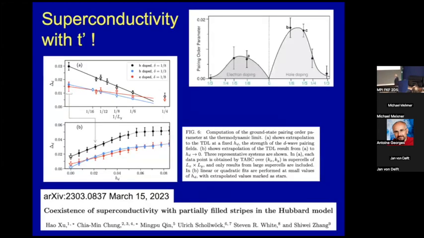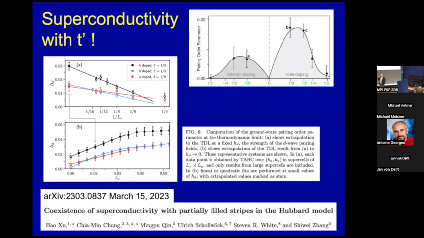And the big news in this business dates from just a few months ago, in which in this paper in particular, it was demonstrated that when you turn on T prime, the competition between the stripe ordering and the superconductivity becomes favorable to superconductivity, and the ground state of the Hubbard model at those values of the doping, and I think this was U equals 8, but I forgot the exact number, does stabilize a superconducting ground state.